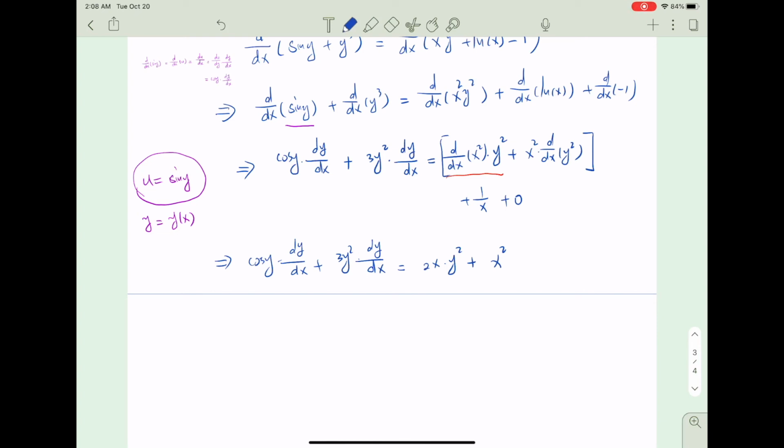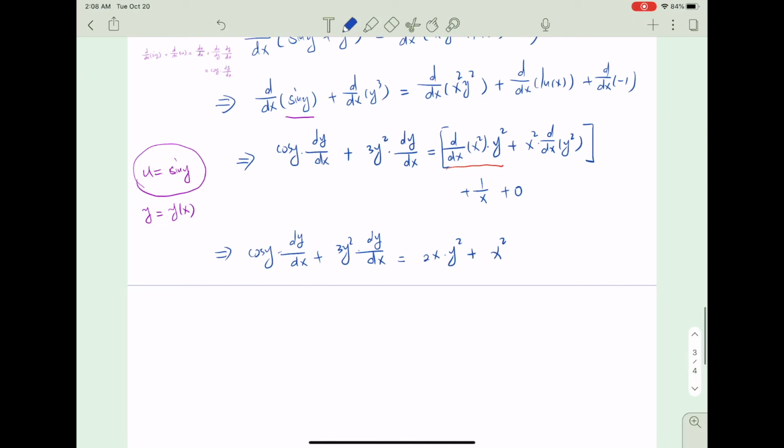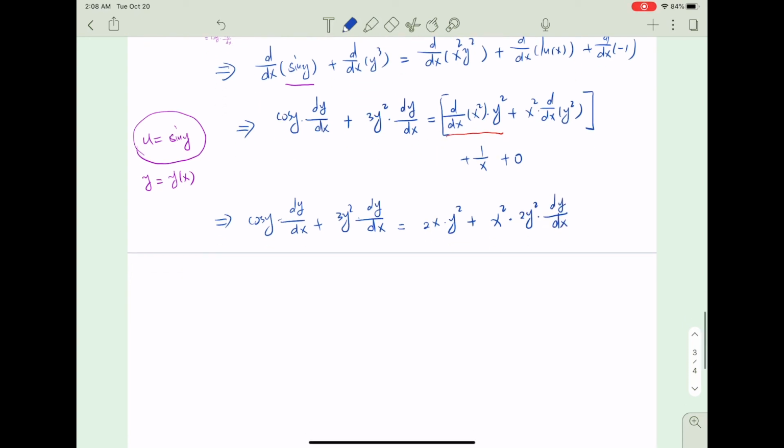That's again the chain rule, because y squared is a function of y and y itself is a function of x. So you're going to realize that the most outside function here is y squared, and the inside function is y equal to y of x. So that's times 2y, which is the derivative of the first layer, times the second layer, which is our dy over dx, right? That's called implicit differentiation.